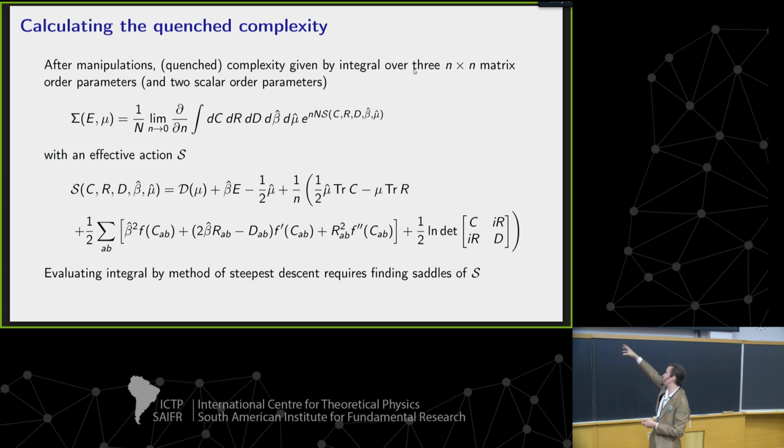This effective action has some complex form based on the various order parameters, and the name of the game with an integral like this, with an N out front of the effective action, is to try to find this complexity by evaluating this effective action at a stationary point of its order parameters.